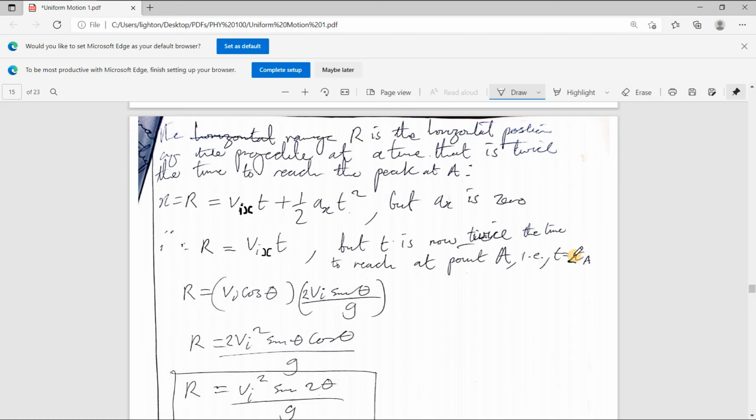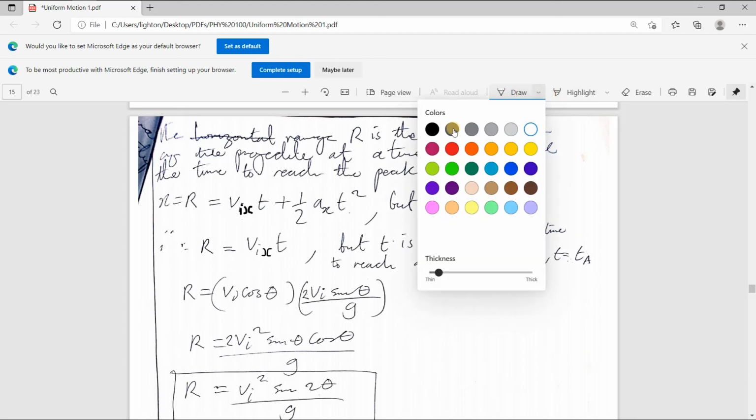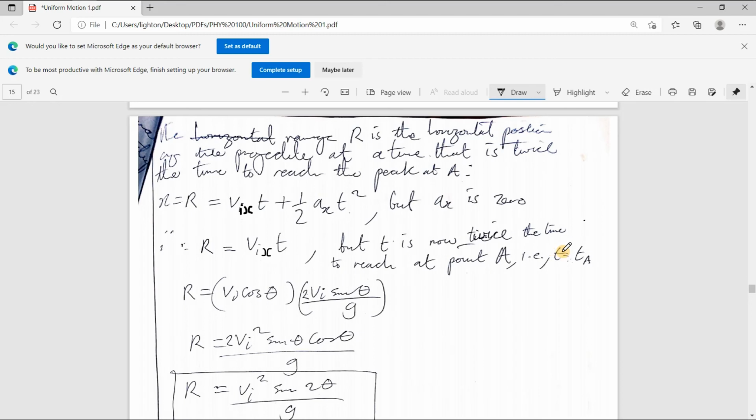I want this t to be good. Okay, so we want it like that, and this should be a 2. Yeah, that's better.